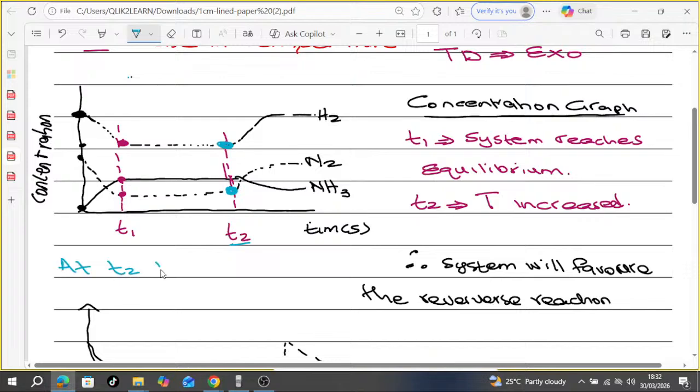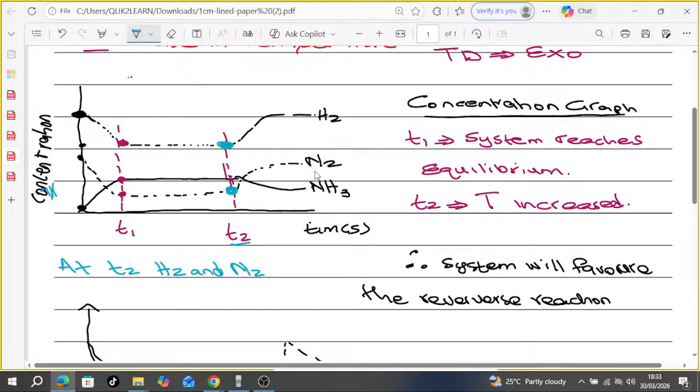So we basically increase the temperature, right? Yes, to cool down the system. Remember this is the concentration. Look at H2 and N2. What happened? Did H2 and N2 decrease or increase? They increased. Exactly.